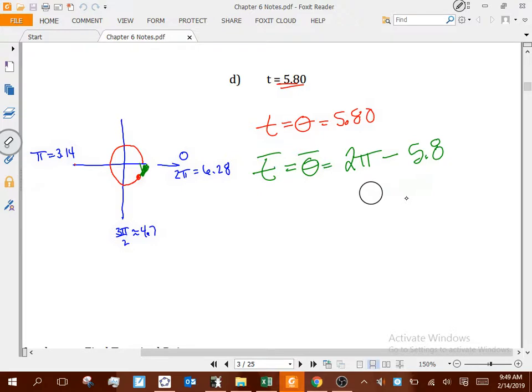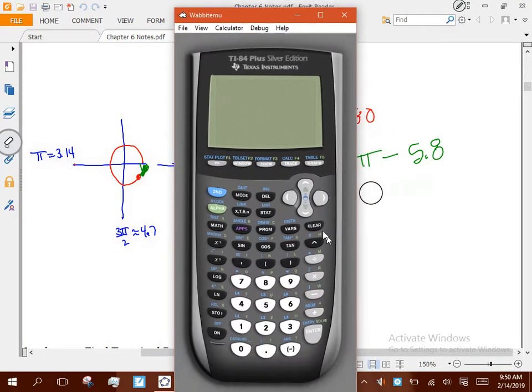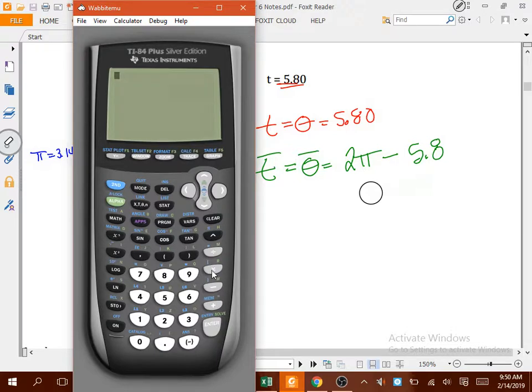Now, if they wanted a terminal point that goes with that, we would have to know that from the first quadrant. So let's do this. If I wanted the terminal point, I'm going to take 2 pi minus 5.8, which gives me that number right there. I'm going to store that as x because I don't want to type it in over and over again.